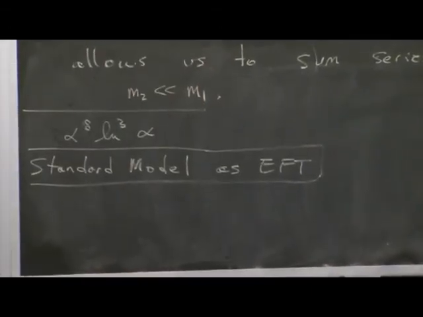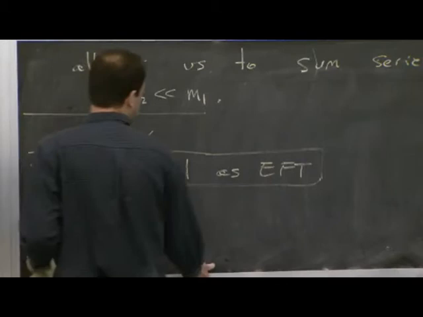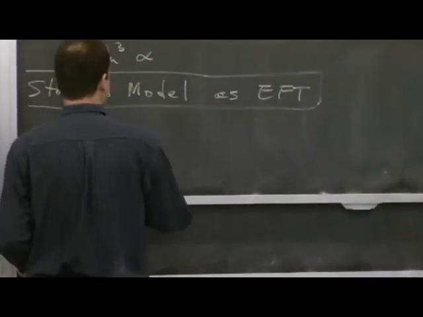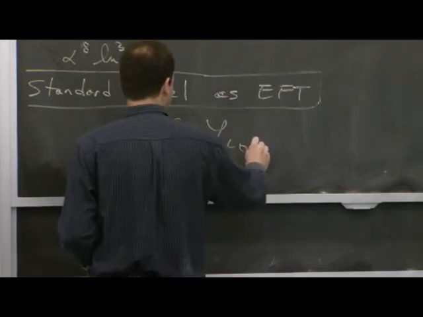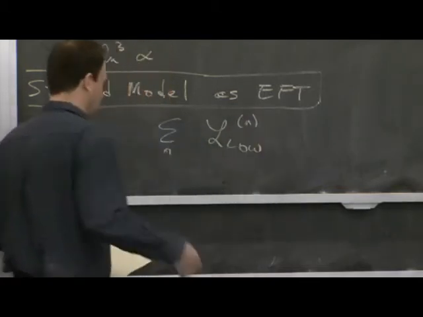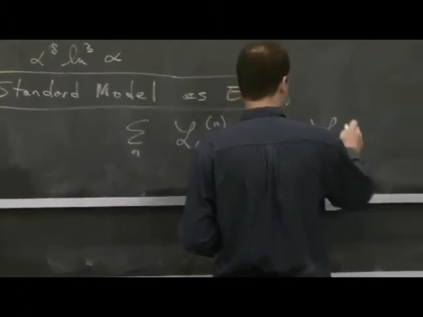OK, so let's now turn to this question of the standard model as an effective field theory. So we have sum over n. We're treating this from the bottom up, so we're going to just talk about what the degrees of freedom are and then think about constructing operators.